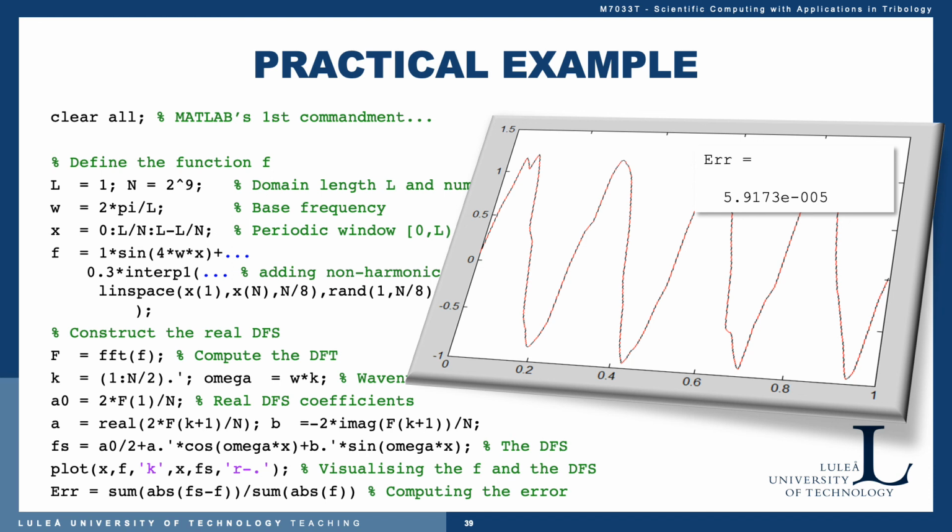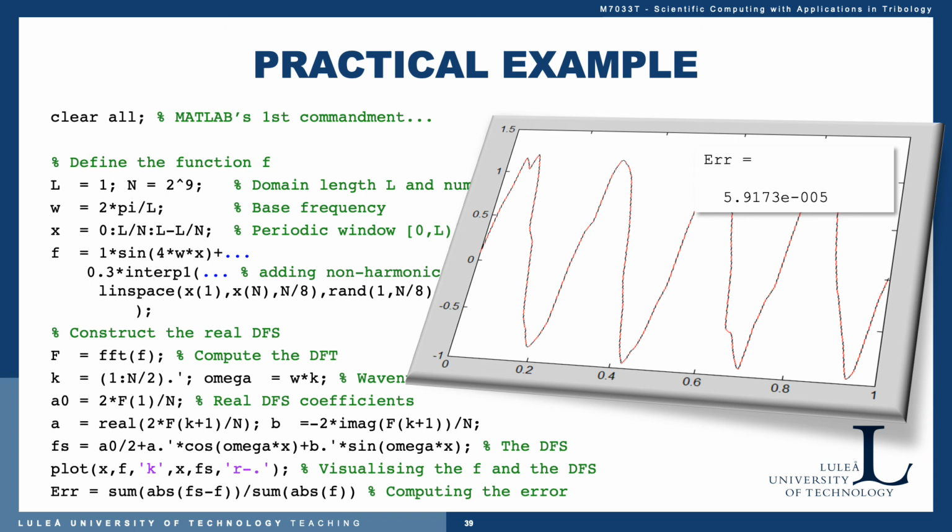The machine error of the system is about 10e minus 16. So this is clearly not numerically exact. There is an error, or there is a difference between the Fourier series representation and the function representation, and that comes from that we added this non-harmonic content.